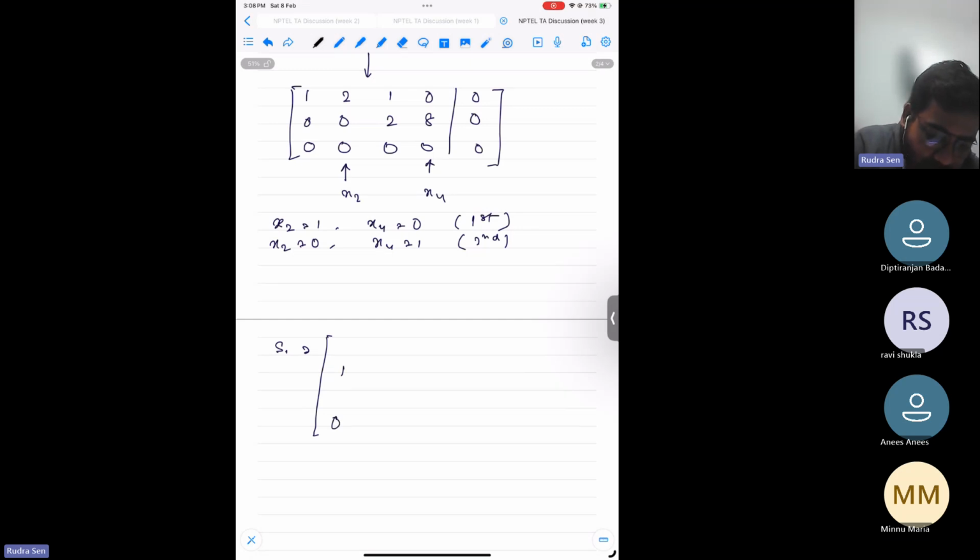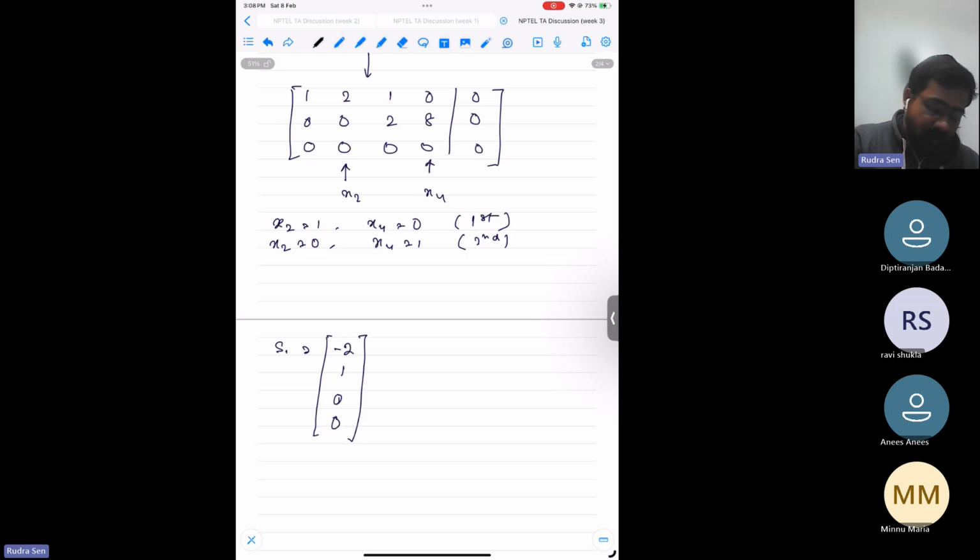If x4 is 0, then x3 should be 0 from this equation. With x2 equal to 1, x1 equals minus 2.